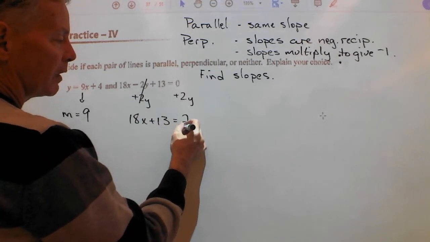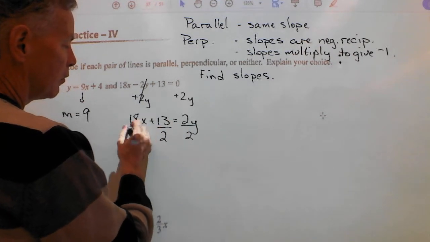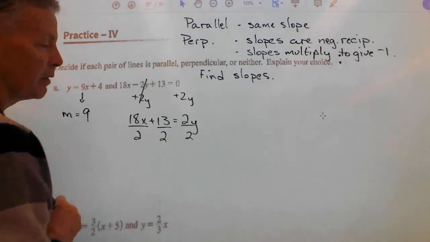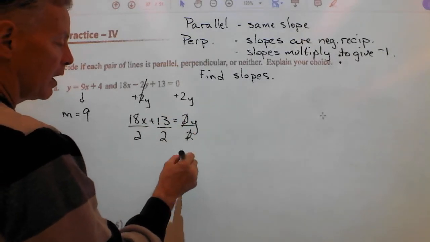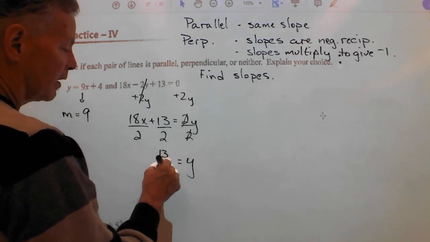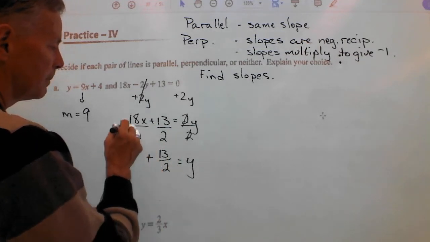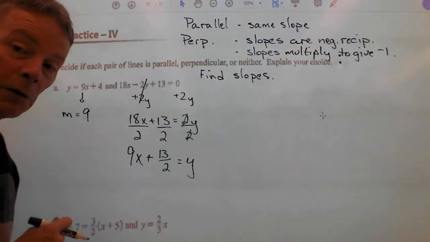So now we have to get rid of the 2. Remember, when we're dividing or multiplying, we're doing it by every term in the equation. 2 divided by 2 gives us 1y. 13 divided by 2 can't be simplified. That's okay, we don't care about that. 18 divided by 2 gives us 9x, which is what we do care about.